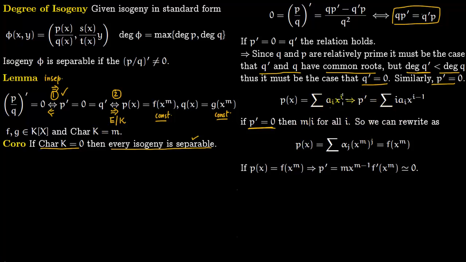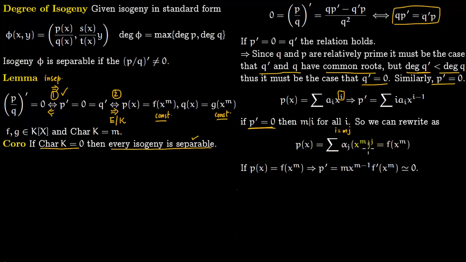So we rewrite this polynomial as something like this: alpha_j x to the power of m j. Instead of alpha you can just write it as a_j, and you write it as x to the power of mj, because now instead of i, this m divides i, so you have to write it as a factor. So say our i is now equal to mj.